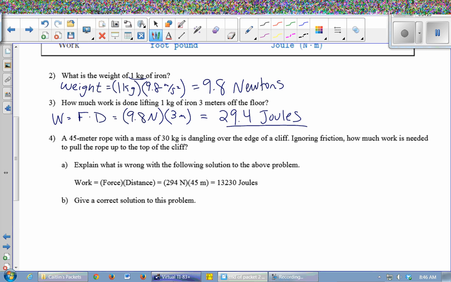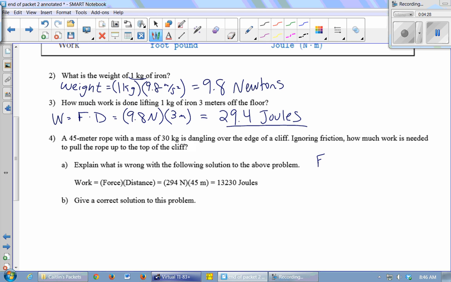So, as an aside, force is 30 kilograms times 9.8 meters per second squared, which is 294 newtons. Okay, so force times distance: I did 294 newtons times the 45 meters I have to pull the rope up, and I get 13,230 joules.